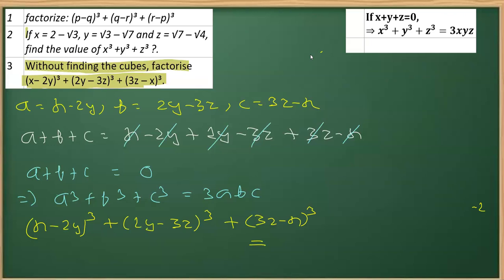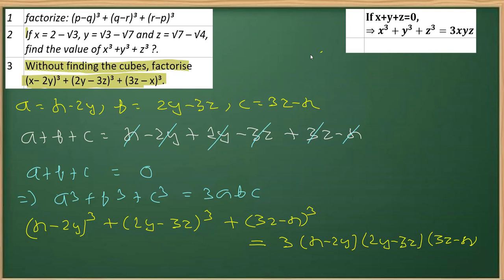This will be equal to 3 times abc, that is 3 times x minus 2y, 2y minus 3z, and 3z minus x. So this should be the factorized form of the third question.